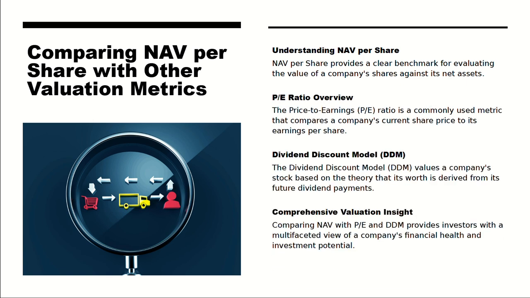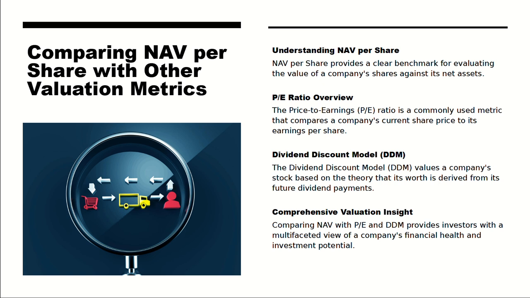Comparing NAV per share with other valuation metrics. Understanding NAV per share. NAV per share provides a clear benchmark for evaluating the value of a company's shares against its net assets. PE ratio overview. The price to earnings ratio is a commonly used metric that compares a company's current share price to its earnings per share.